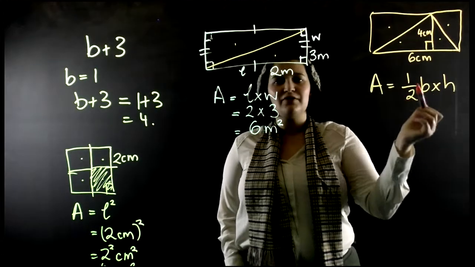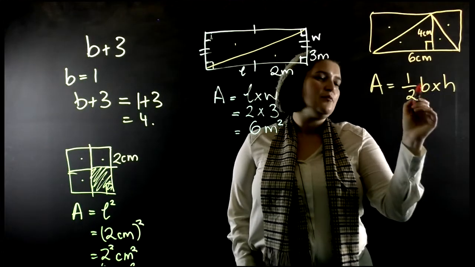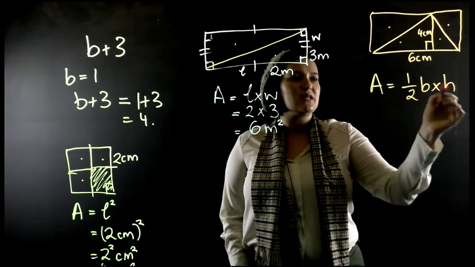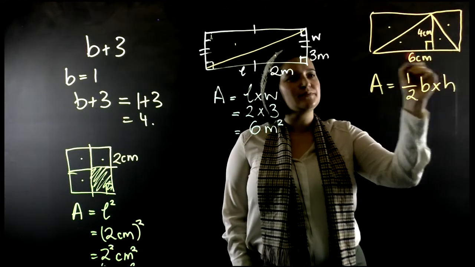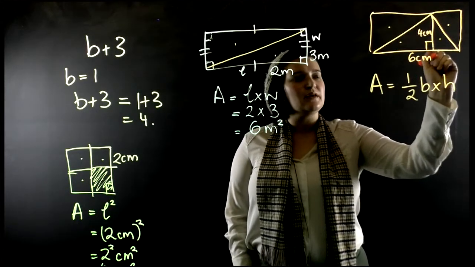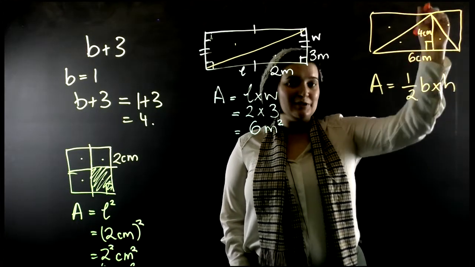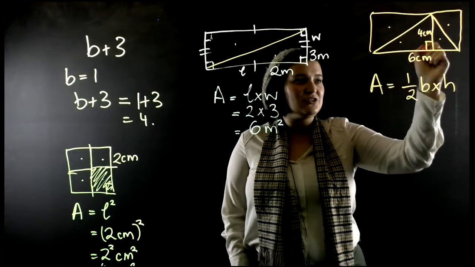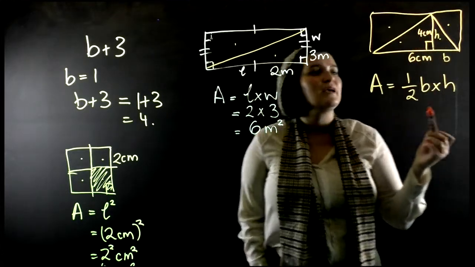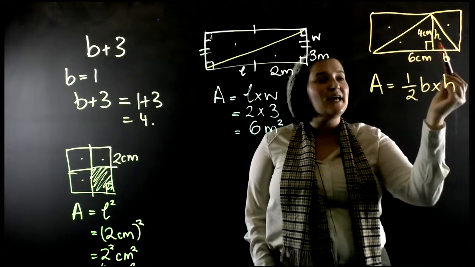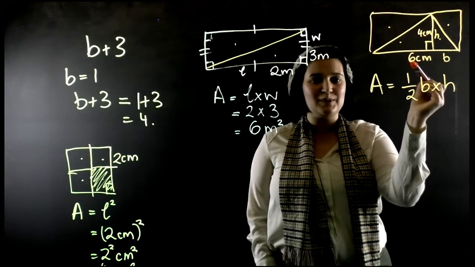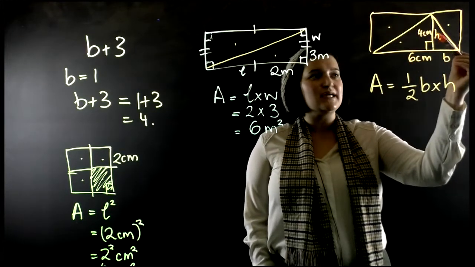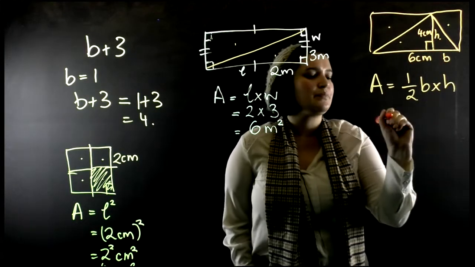Alright, so I've got half a rectangle, but which one's the base and which one's the height? So for a triangle, the base is the one along the bottom, or it's the one that has a perpendicular height attached to it. So I've labelled my diagram. Now everywhere I see a B, I'm going to replace that with a 6. Everywhere I see an H, I'm replacing that with a 4.